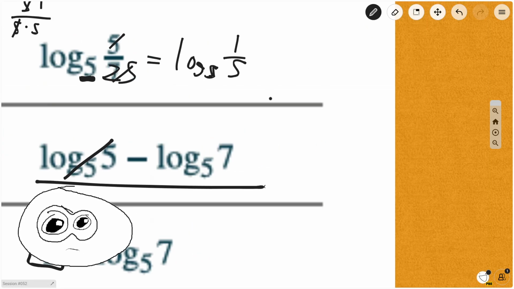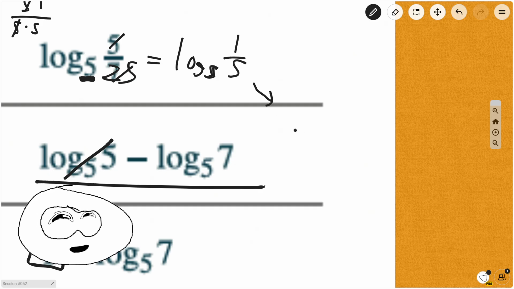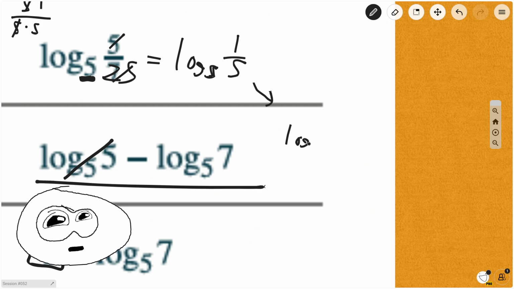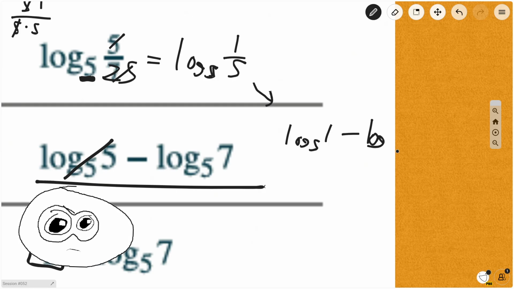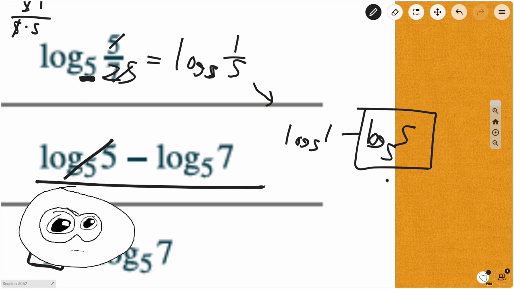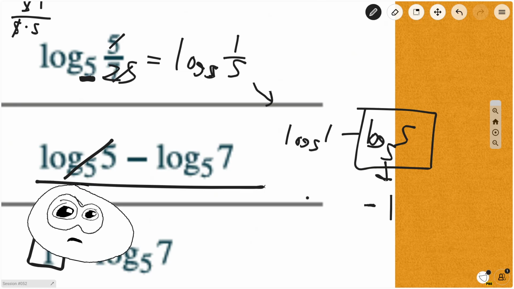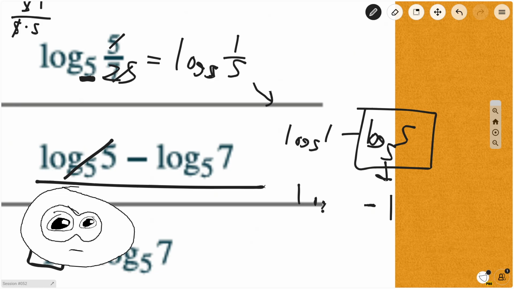Now that we did that, we could also make it so that this still would apply to this principle. So then we could do something funky like, let's say, log base 5 of 1 minus log base 5 of 5. And then this whole brick turns into 1. We keep the minus. And then log base 5 of 1.